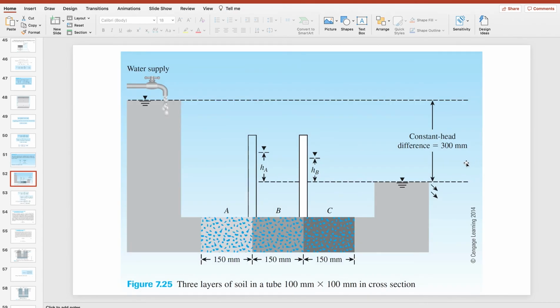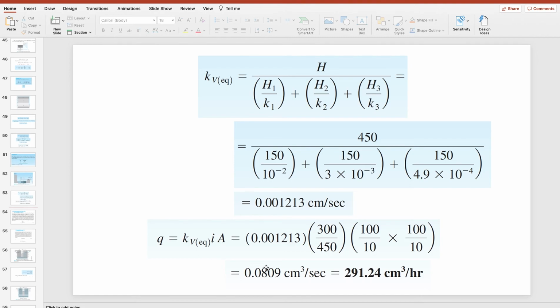So, the hydraulic gradient is the change in head, that is 300 divided by the total length of 450. So, 300 divided by 450 times the area. Okay? So, what is our area?